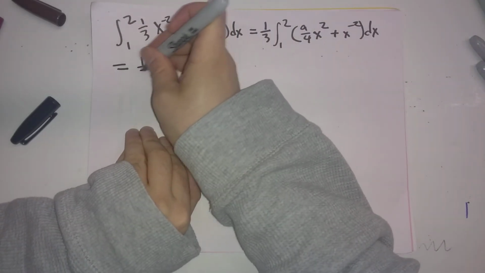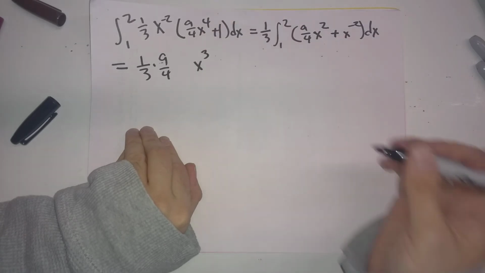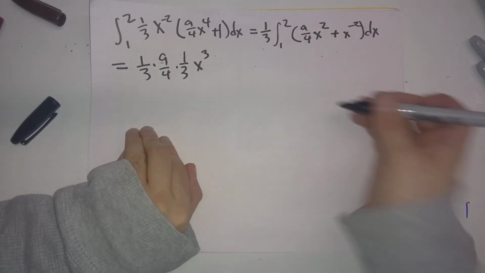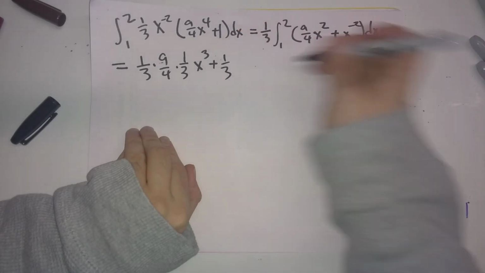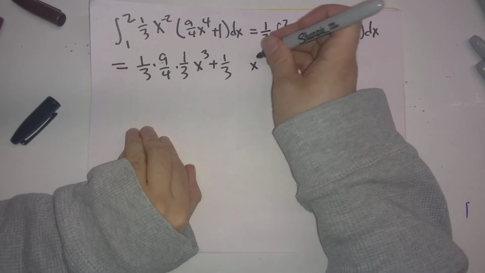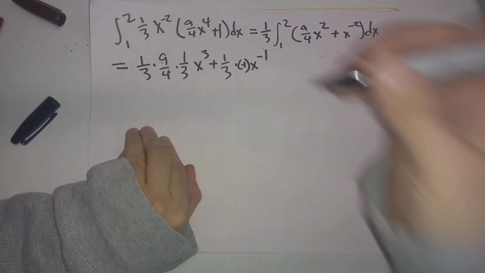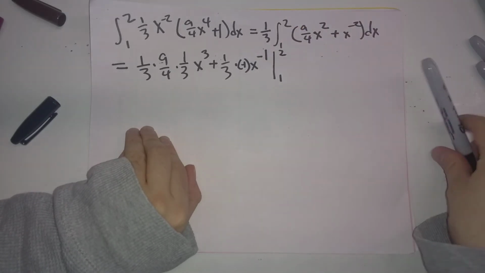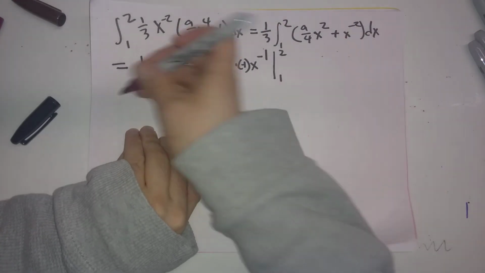And this gives us 1/3 times 9 over 4 times x cubed, and then we have to divide by 3. And then plus 1/3 x to the minus 2 goes to x to the minus 1, but we have to divide by minus 1, which is multiplying by minus 1. And plug in 1 and 2. Some things should cancel here.